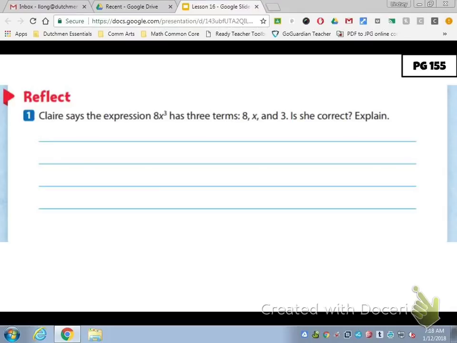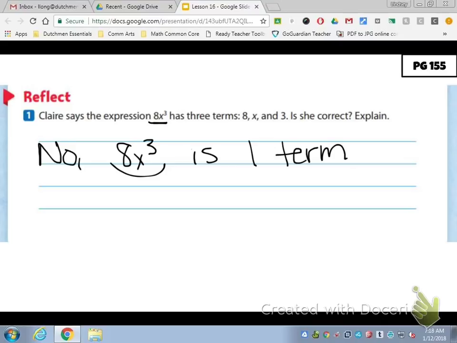Would we take this right here and separate that all individually into the numbers and the variables? No, we would not. 8x cubed is 1 term because it includes a known number, x cubed, which is a product, so it would be 1 term.